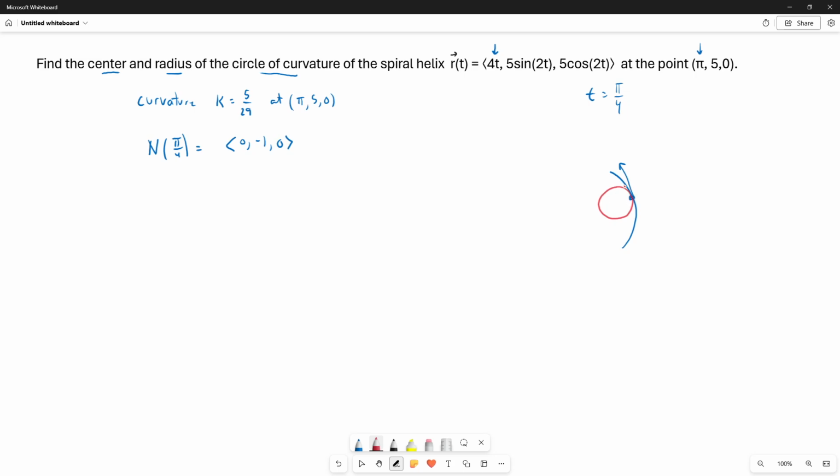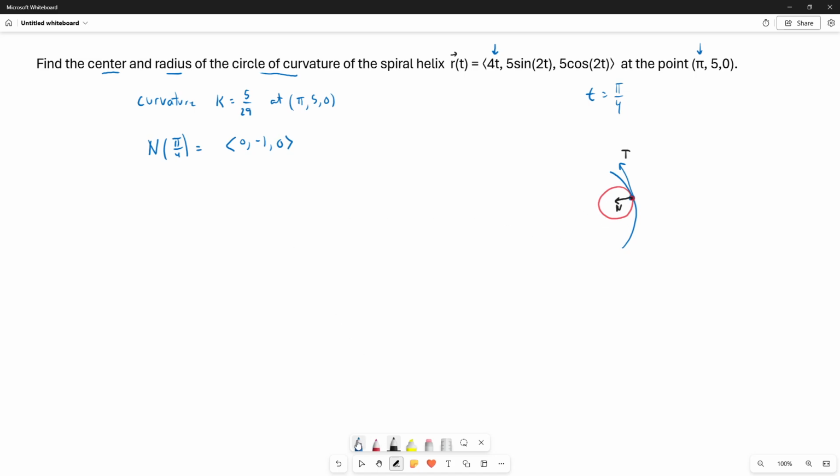In the sense that the circle has the same tangent vector as the curve at the point of tangency. And that circle is also on the same side of the curve as the normal vector. So this one is T, the tangent vector, and this one is N, the normal vector.